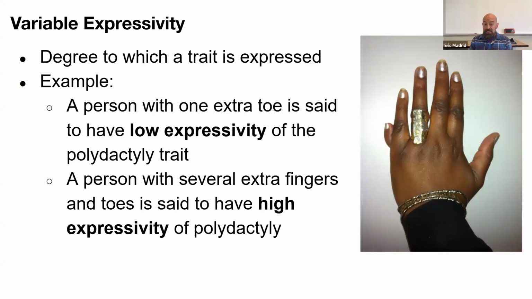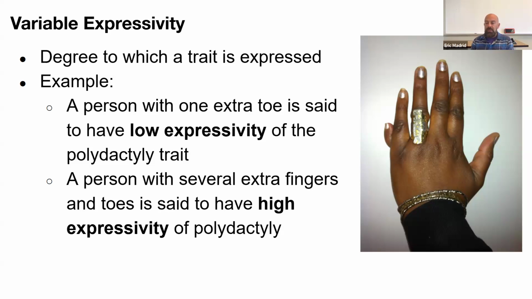Variable expressivity is describing the degree to which a trait is expressed. So here, we're saying that you've got the allele for this mutant phenotype. When you have it, you always express it at some level, but it might not be expressed to the same degree.